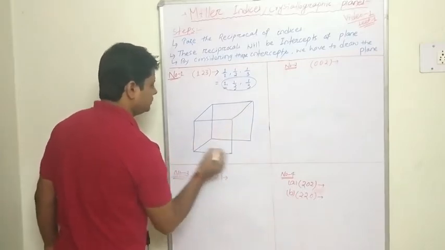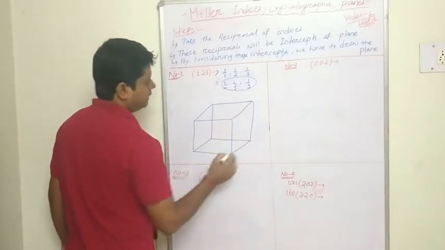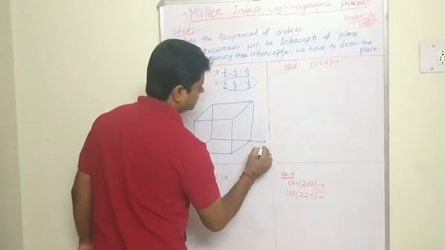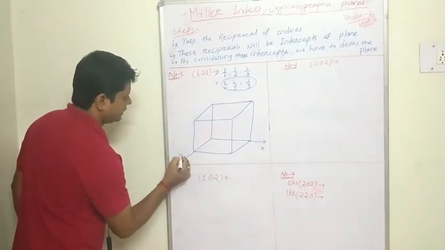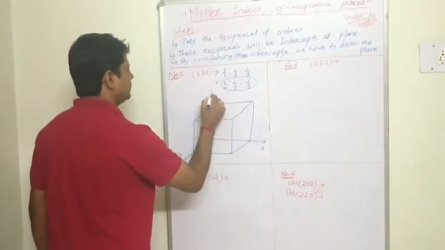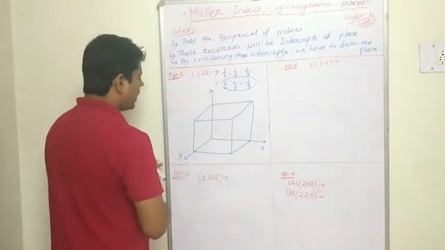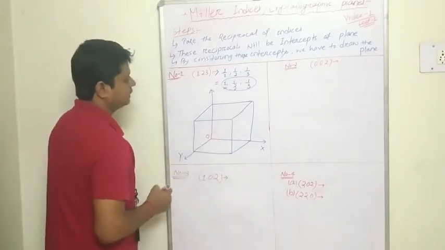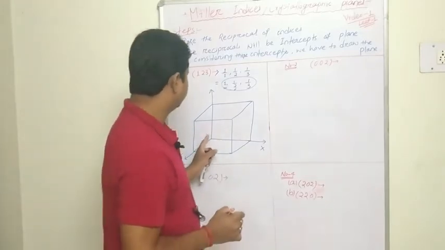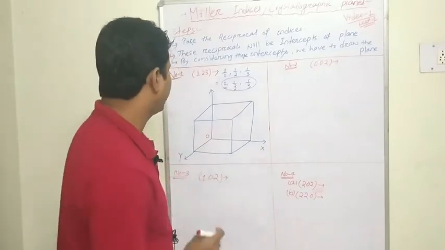This is the unit cell. Let this be the x axis, this the y axis, and this the z axis, and the origin of this unit cube is at O.